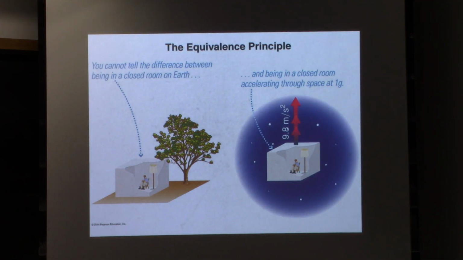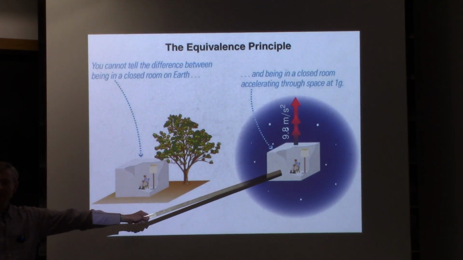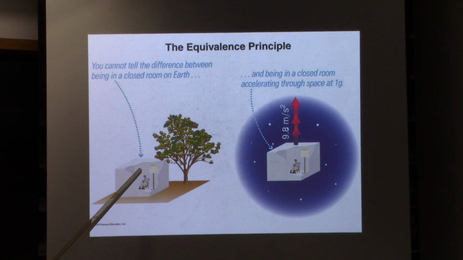So the assertion is, according to the strong principle of equivalence, there's no experiment you could perform inside this compartment that would tell you that you were in this compartment and not the one back on Earth. That's the idea, as long as the region is small enough that you can't notice things like this happening.